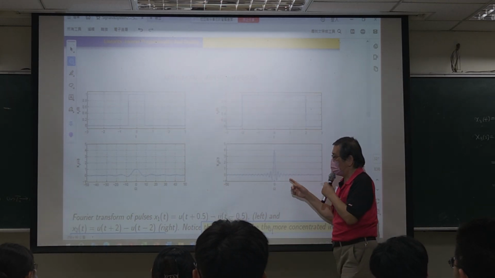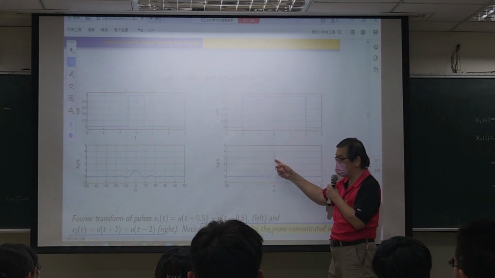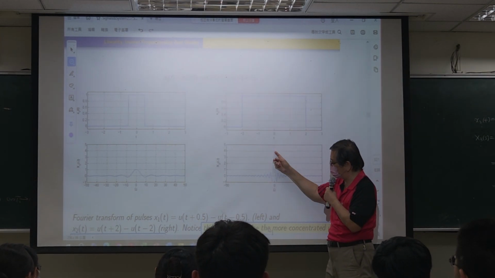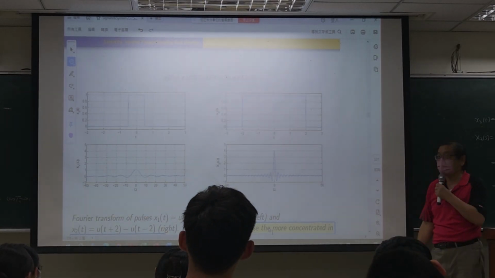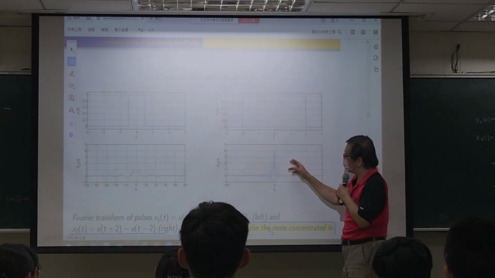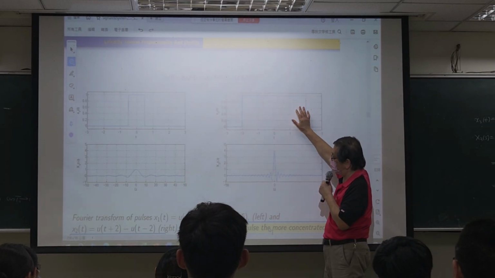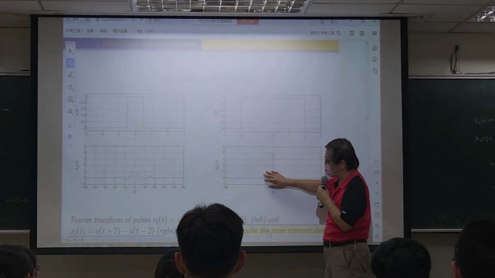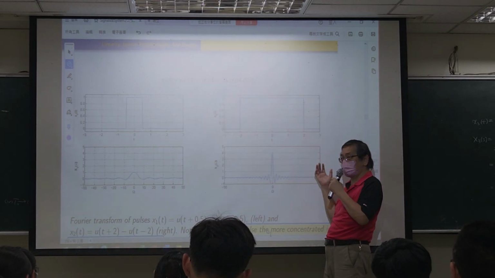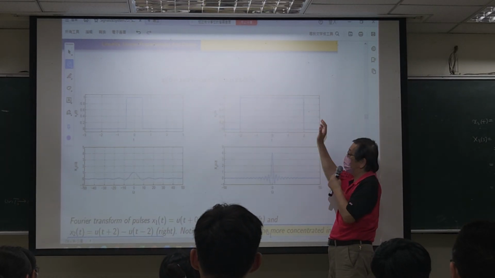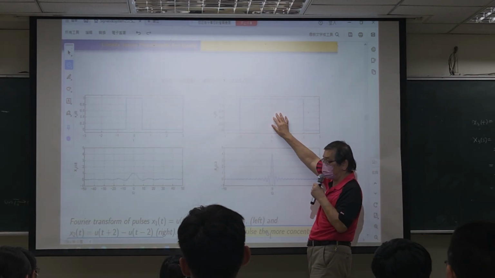For this one, most of the frequency response is concentrated in the neighborhood of 0. This means the major frequency component is very similar to zero frequency, a constant. So this is much more like a constant function.